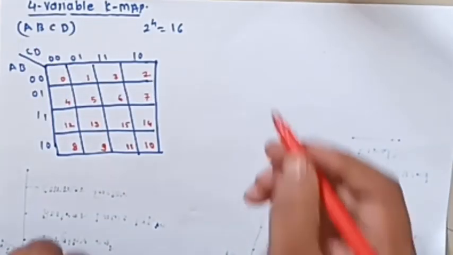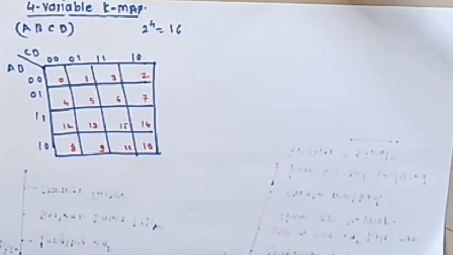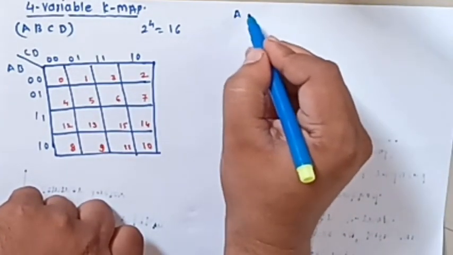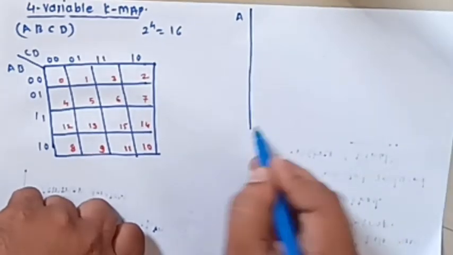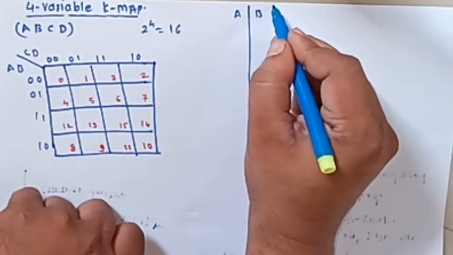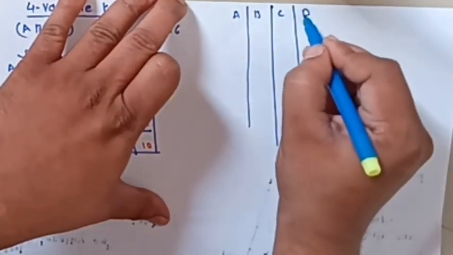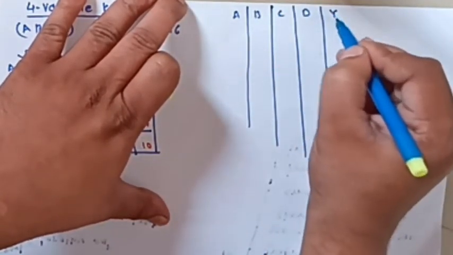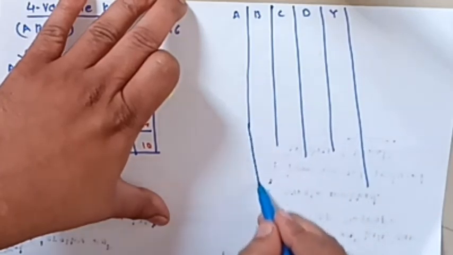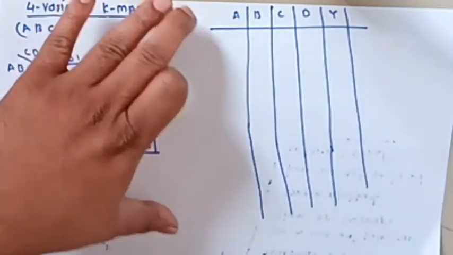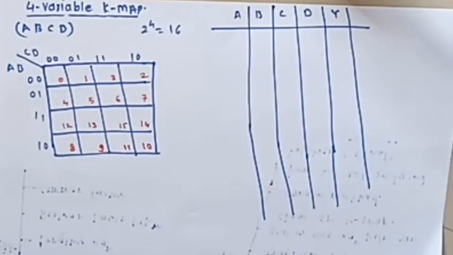Total 16. So if we draw the truth table for 4 variables, it is like this: A, B, C, D, and here the output is Y. Now for 4 variables, how many cases are you getting here?